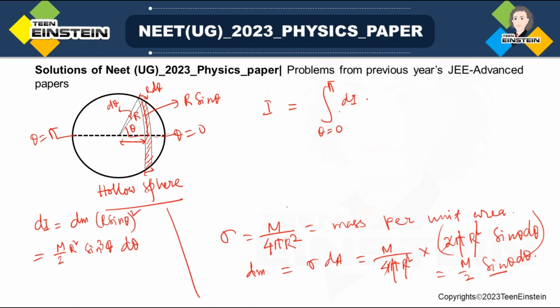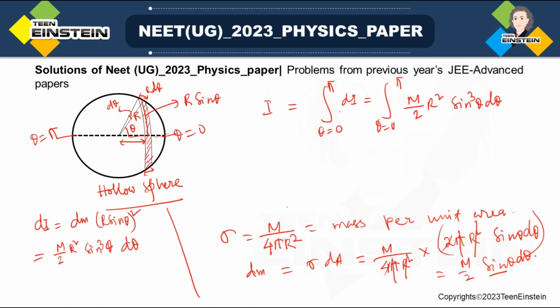That's how we will be able to integrate it. This is 0 to pi, and dI is m by 2 r square, and this is sine cube theta. Now how to calculate the integration of sine cube theta?